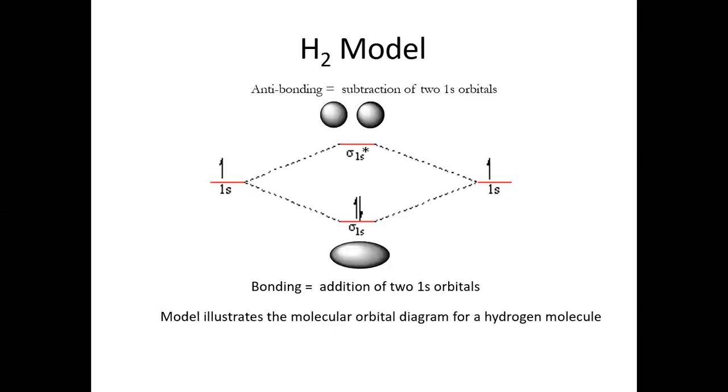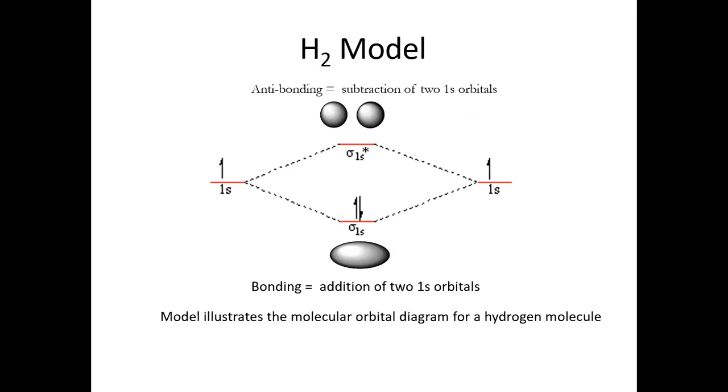So the model is hydrogen, right? So you have a hydrogen bond, between two hydrogen atoms. You've seen this before. Each atom brings one electron, and the bonding orbital, that's where the electrons are combined. And then the anti-bonding orbital, you can see where that's what we would call destructive overlap.